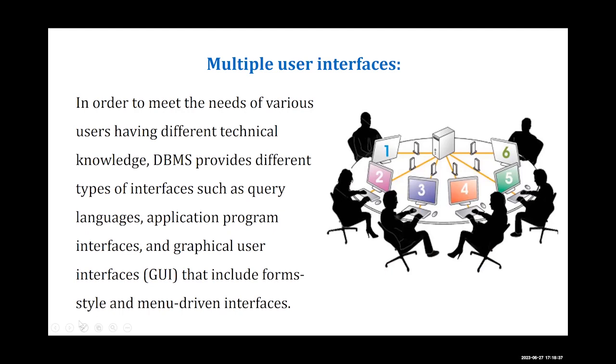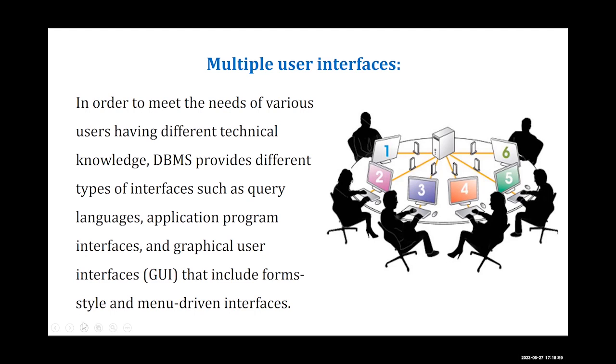Next we have multiple user interface. So what is this multiple user interface? In order to meet the needs of various users having different technical knowledge. For example, you might be accessing a certain database through mobile, somebody might be accessing through a laptop or a desktop. So different interfaces.